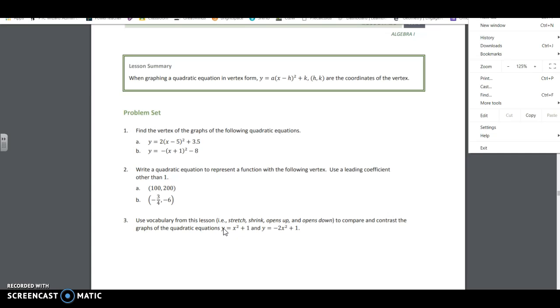In other words, the a value cannot be 1, given the vertex. And in number 3, explain the difference between this equation, x squared plus 1, and this equation, negative 2x squared plus 1. So talk about the stretch, shrink, open up, open down. What are the differences? Those are the 3 problems, and that'll wrap up lesson 16.